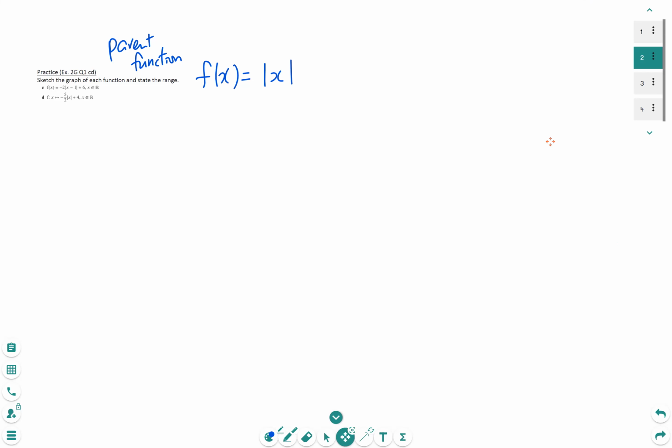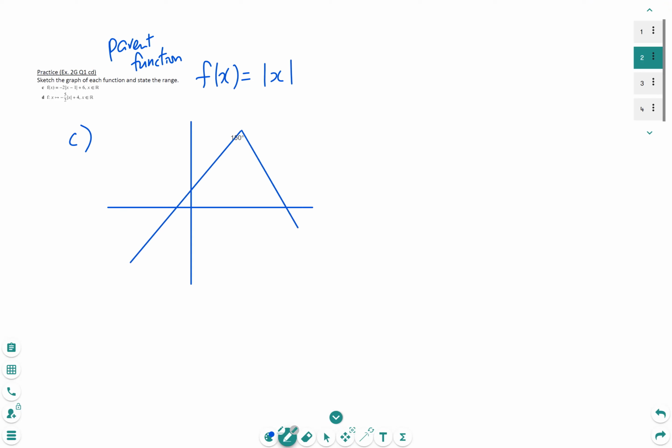Right, so for part C, the answer will look like this. That's 4, that's minus 2.